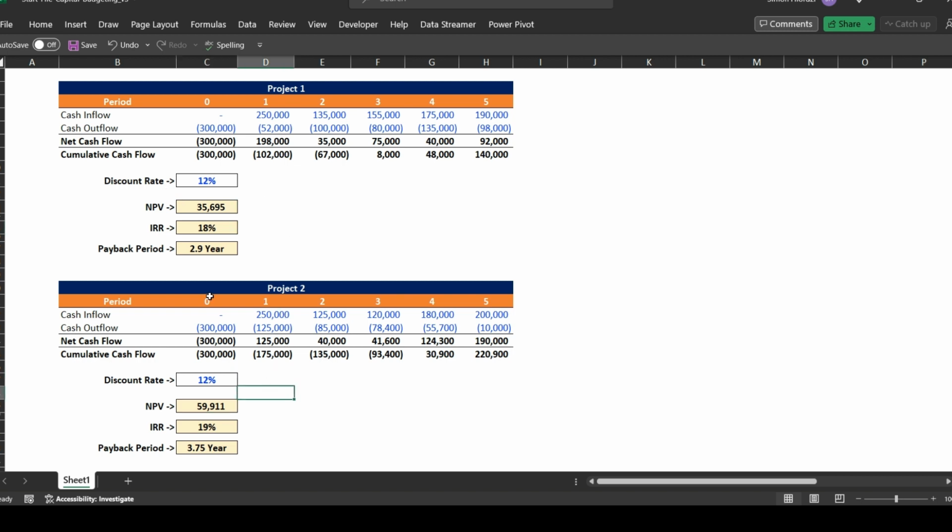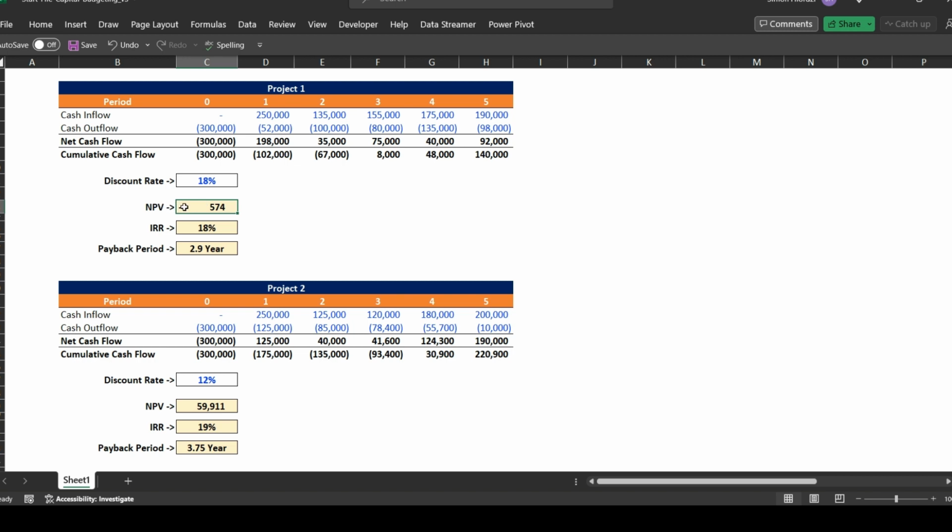Then again, project 1's IRR is 18 and project 2's is 19. So when you compare these two IRRs against the discount rate, it means that for project 1, when the interest rate increases by 6%, which will mean 18, then the NPV will be negative.